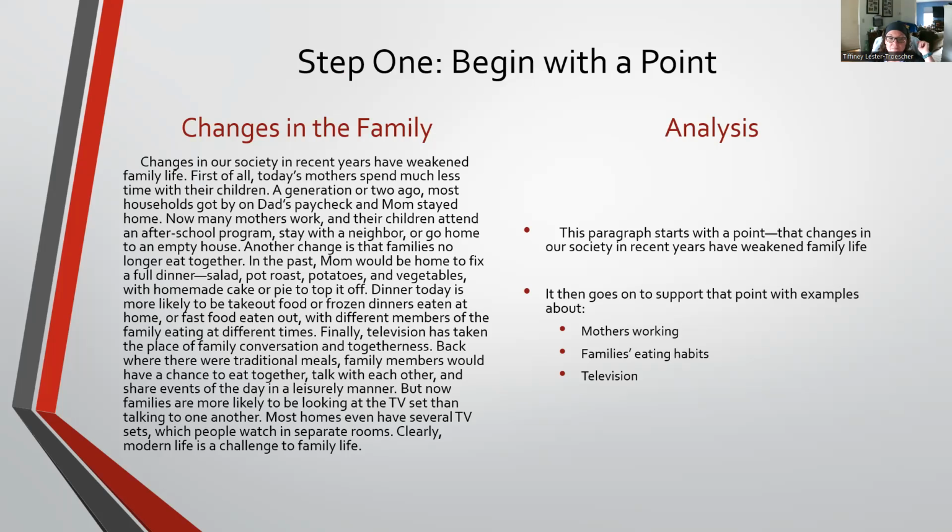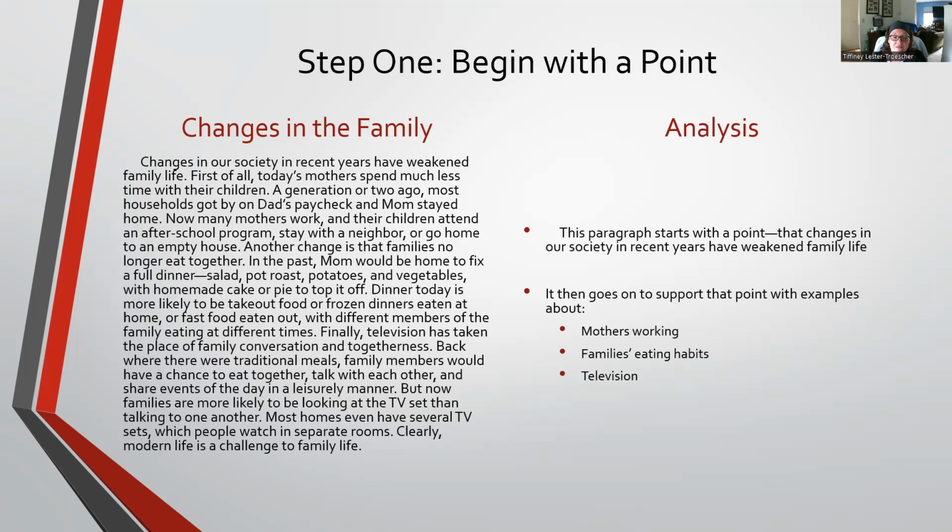Another change is that families no longer eat together. In the past, mom would be home to fix a full dinner: salad, pot roast, potatoes, and vegetables with homemade cake or pie to top it off. Dinner today is more likely to be takeout food or frozen dinners eaten at home or fast food eaten out, with different members of the family eating at different times.